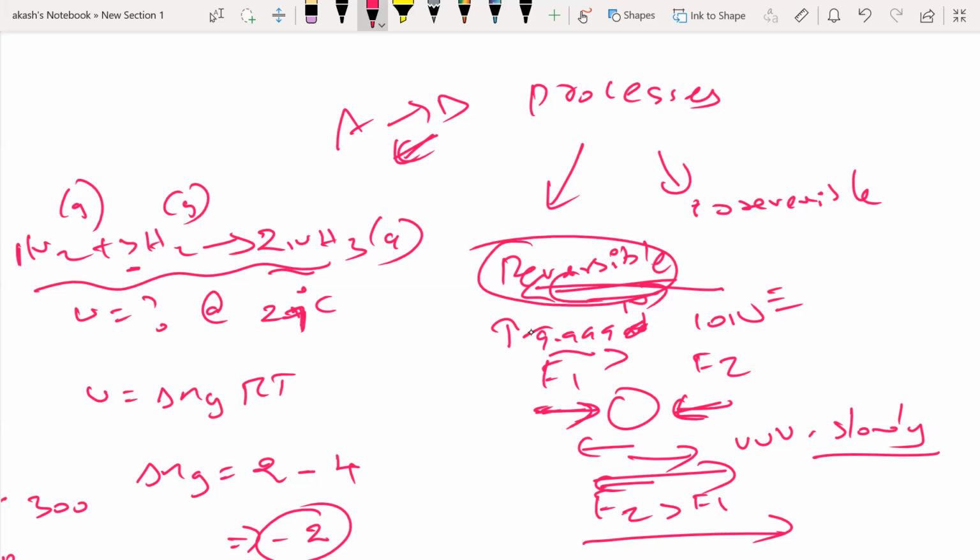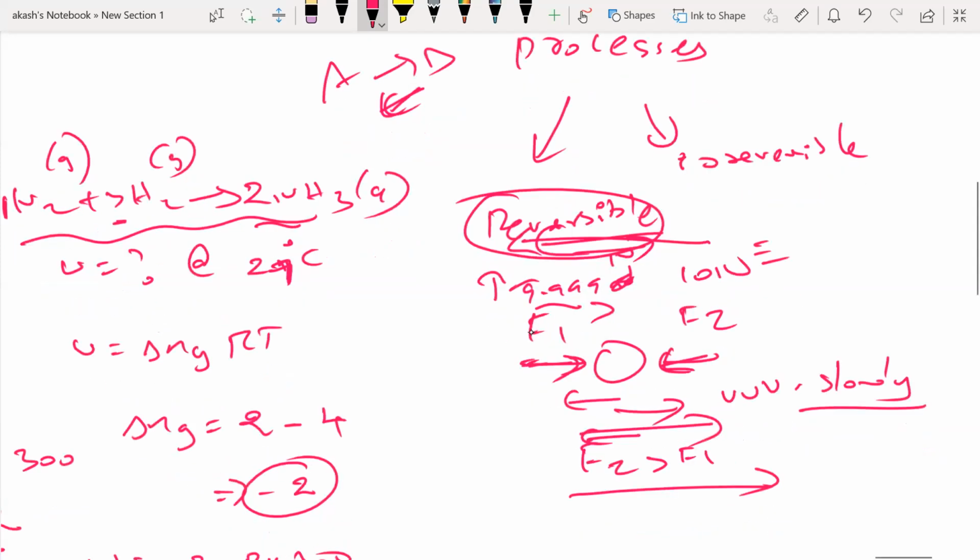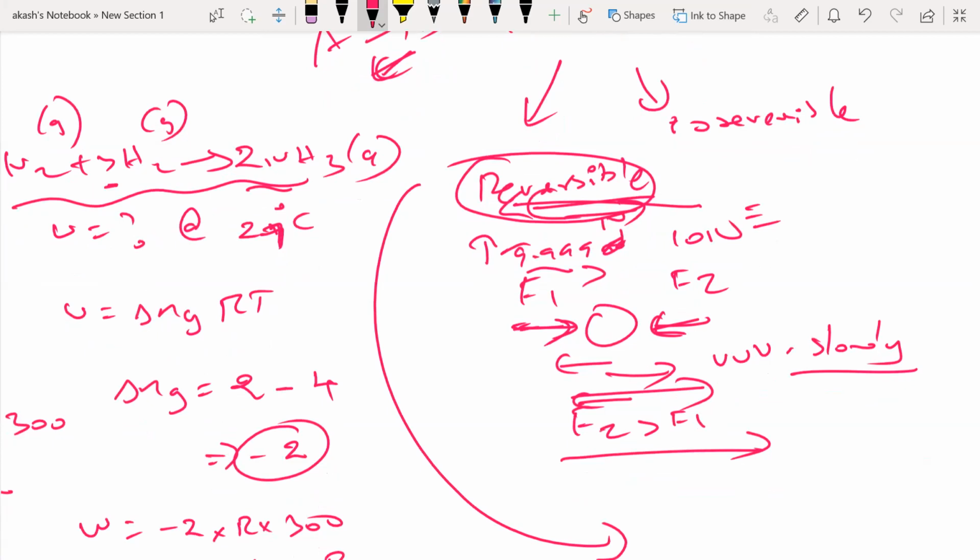That is not the only condition. They should be reversed with minimal effort. With almost no effort, you must be able to reverse the process. Those kinds of processes are called reversible processes. And all reversible processes are going to be very slow processes.